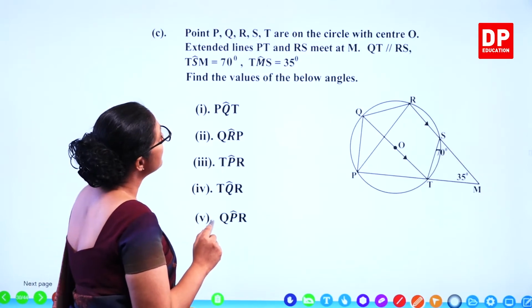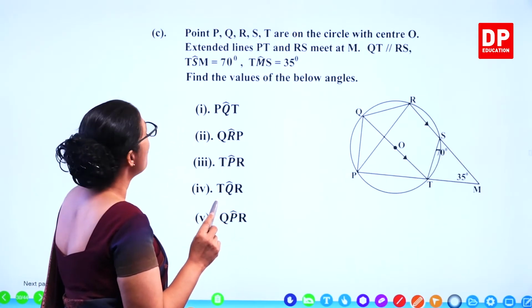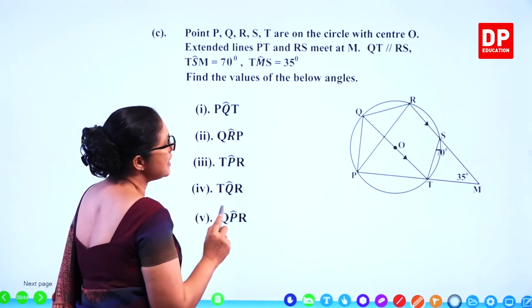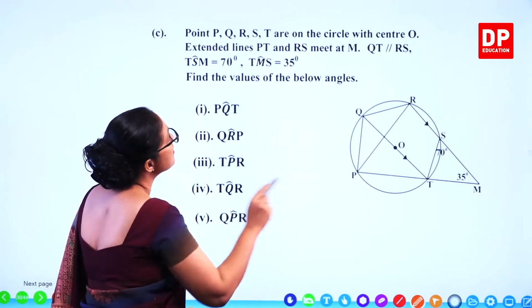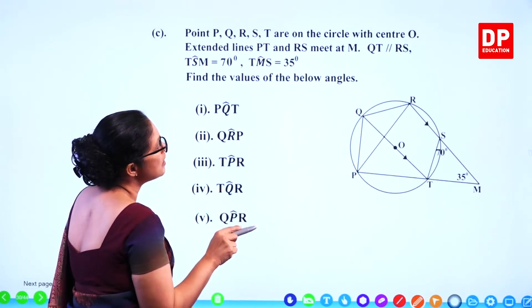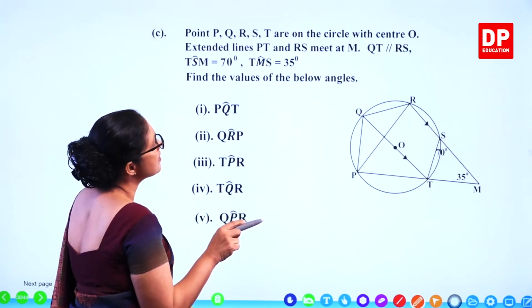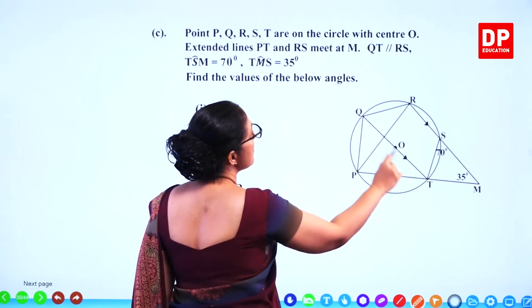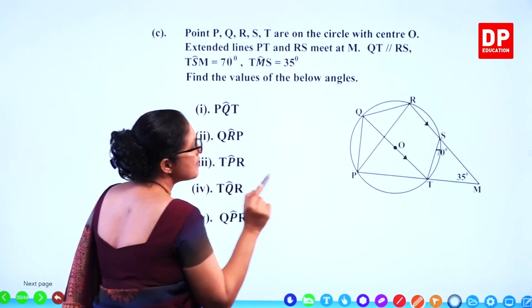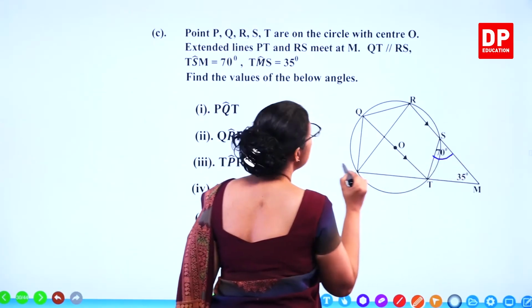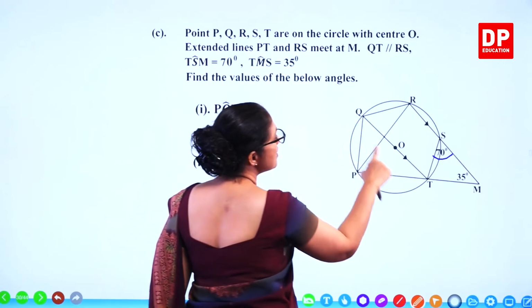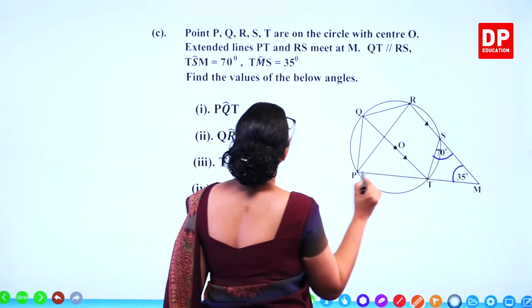Points P, Q, R, S, T are on a circle with center O. Extended lines PT and RS meet at M. QT is parallel to RS. These two lines are parallel. TSM is 70. TMS is 35.